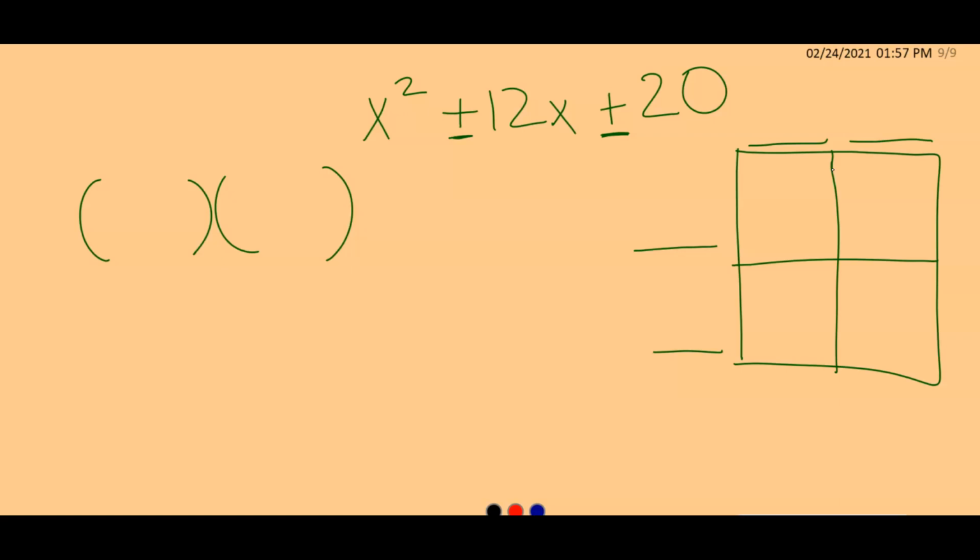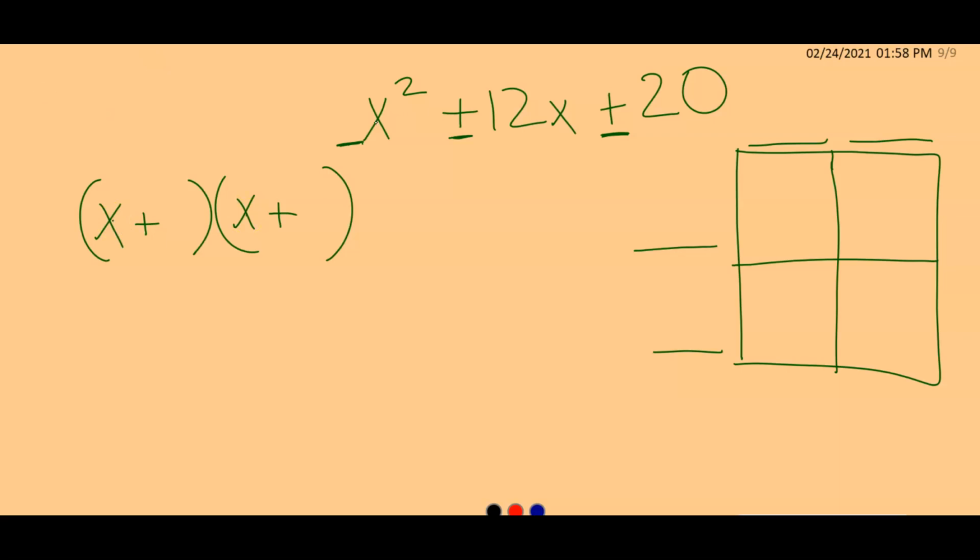We know that both of these are going to be positive. We've already determined that. So what's our first move? We know that because A is equal to 1, this one's going to be x and the other's going to be x, because when you multiply x times x, you get x squared.